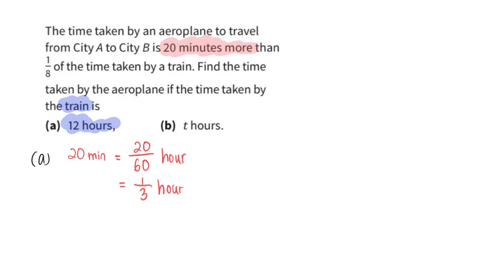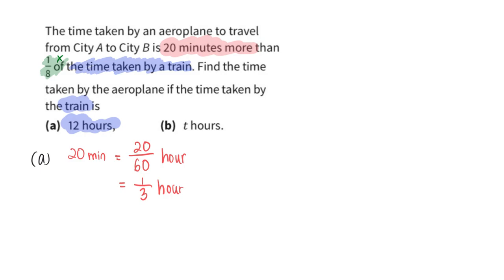we are given that the time taken by the train is 12 hours and 1/8 of the time. It means later on I will have to multiply 1/8 by the time taken by the train. Then after that, add the 20 minutes more, which is 1/3 hour.